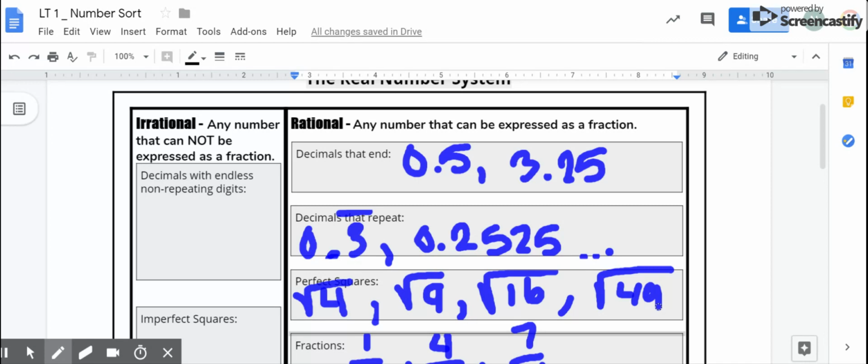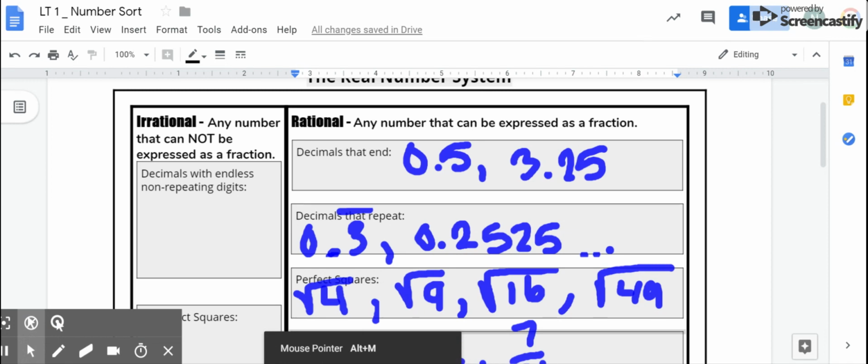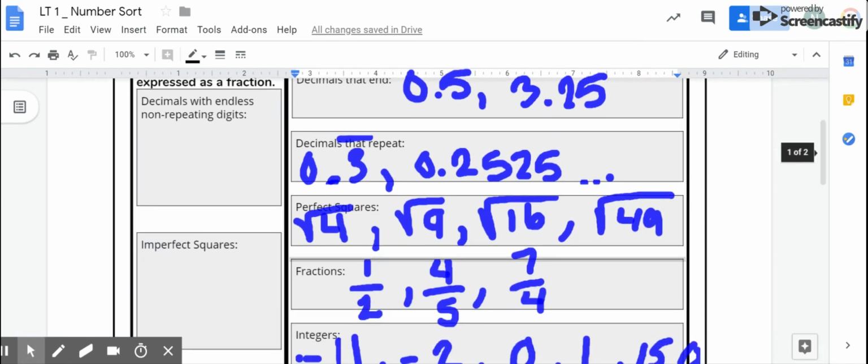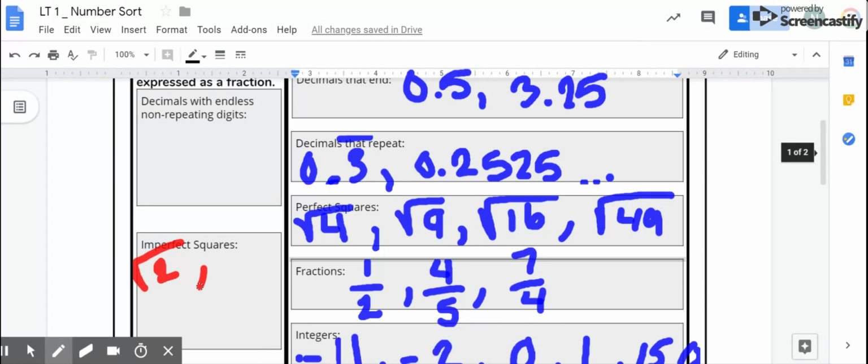Now, that kind of goes back to irrational numbers, and we're going to talk about what is an imperfect square, so the complete opposite. So an imperfect square would be something like the square root of 2. Because a number multiplied by itself, you cannot get 2. If you do 1 times 1, you get 1, right?